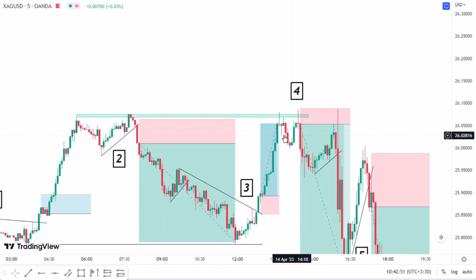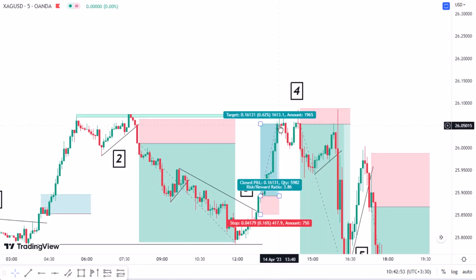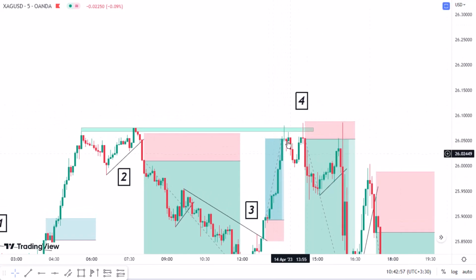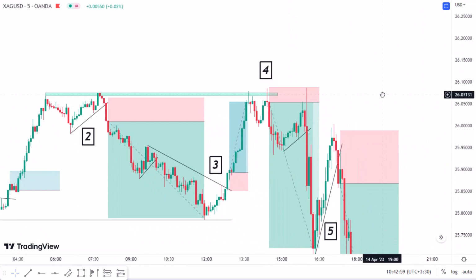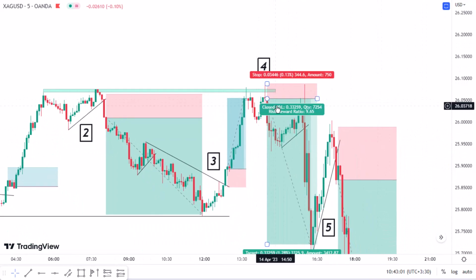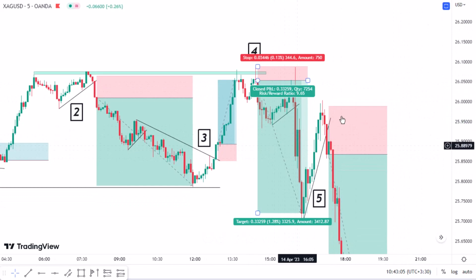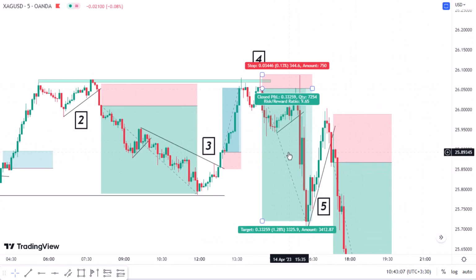And if there is a reaction like this one, 2 pin bars, one here, the second one here, we can risk on them and enter sell position like this, and it gives us a reward of actually something around 10.